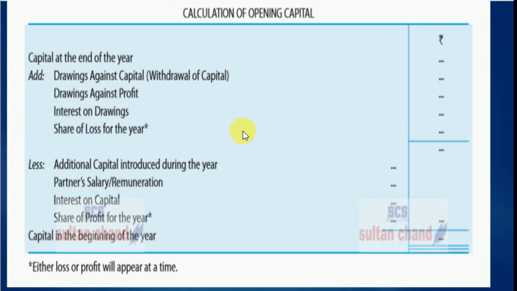With the help of all these steps, we can easily find out the opening capital of the partners. And with the help of this opening capital, we can calculate the interest on capital of the partners.